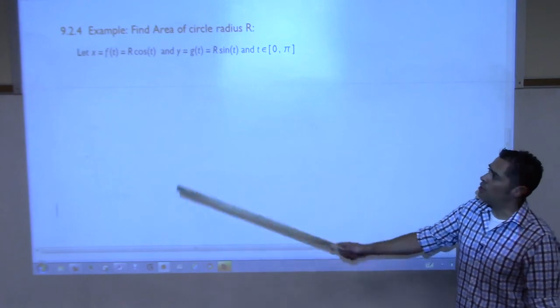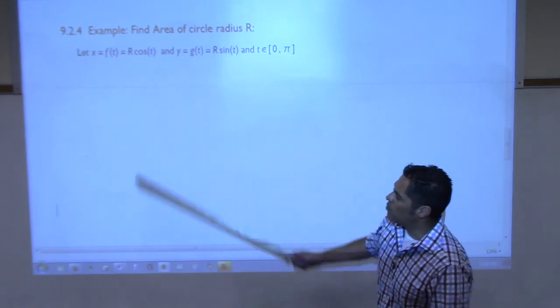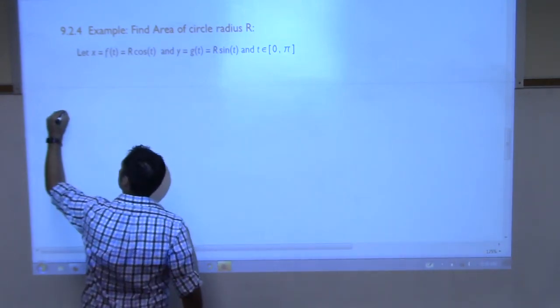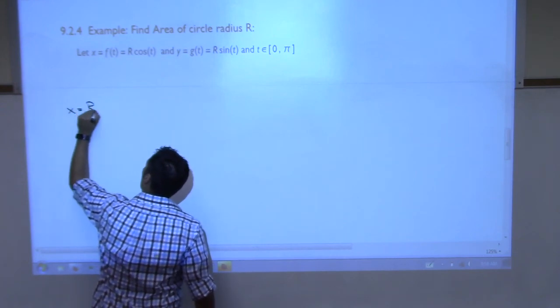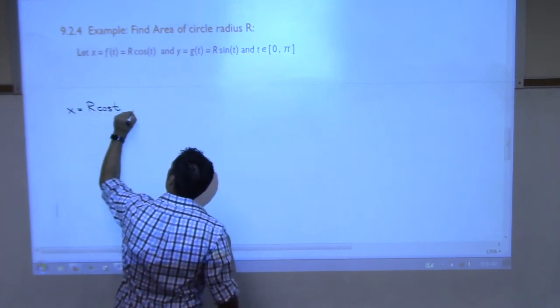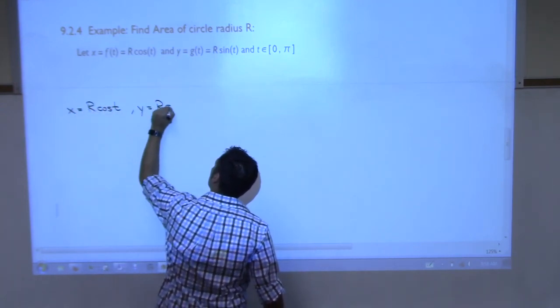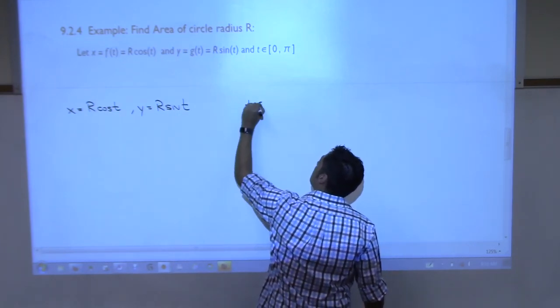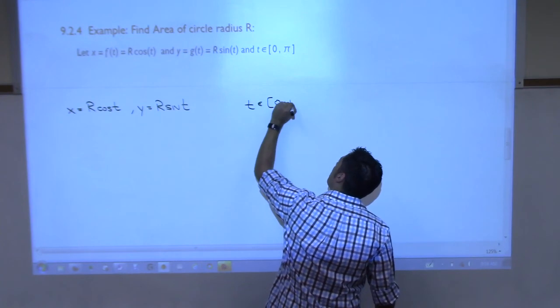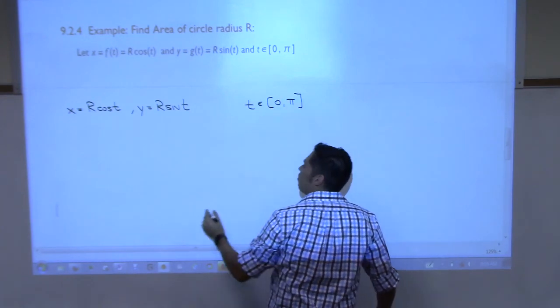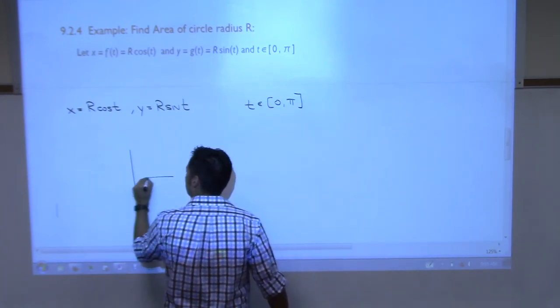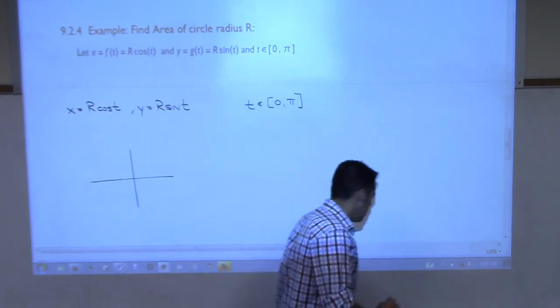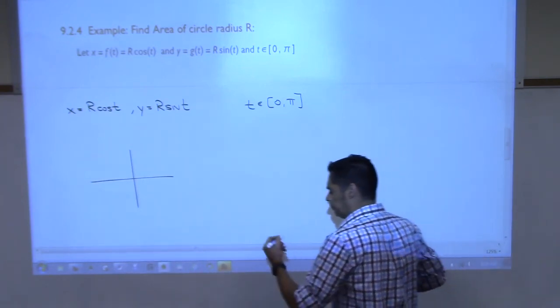All right? So I've defined my parametric equations. x is equal to capital R cosine t, and y is equal to capital R sine t. And notice also I'm restricting my t between 0 and pi. So when I actually draw this curve, it's only going to draw what?